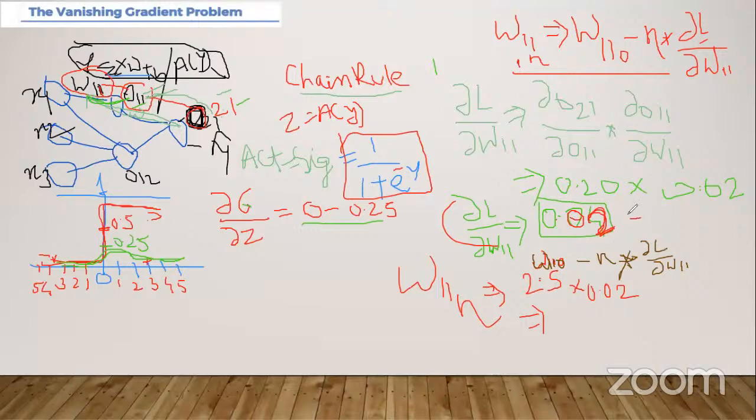So this is the final product approximately. Let's say hypothetically it is coming to 0.02 and my old weight was 2.5. Old weight minus the learning rate, let's say the learning rate was 1, multiplied by 0.02.